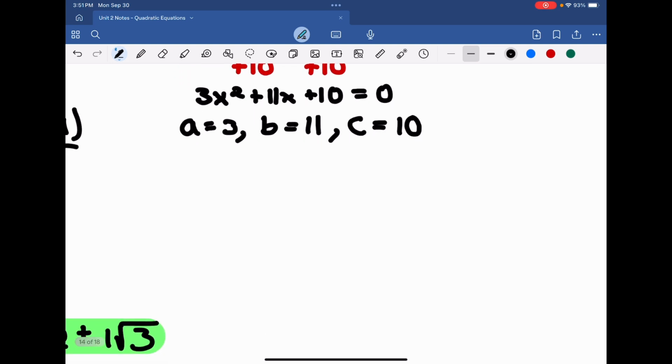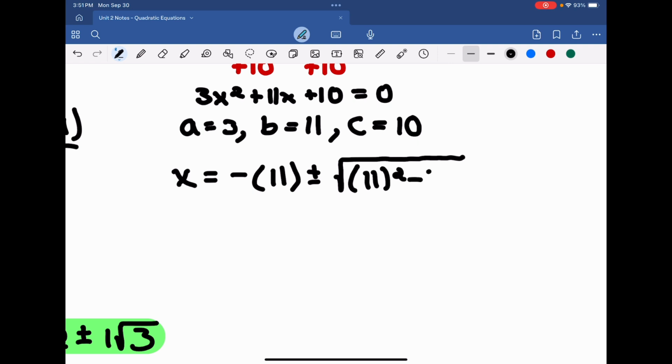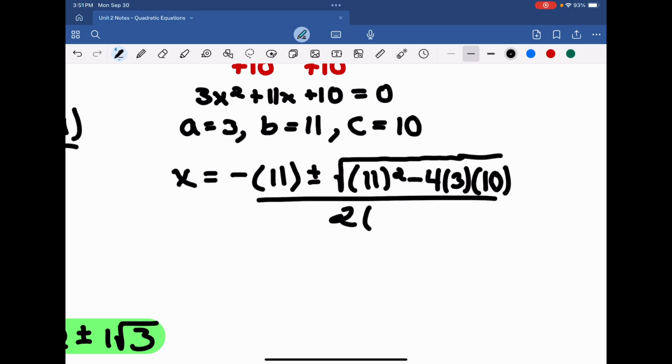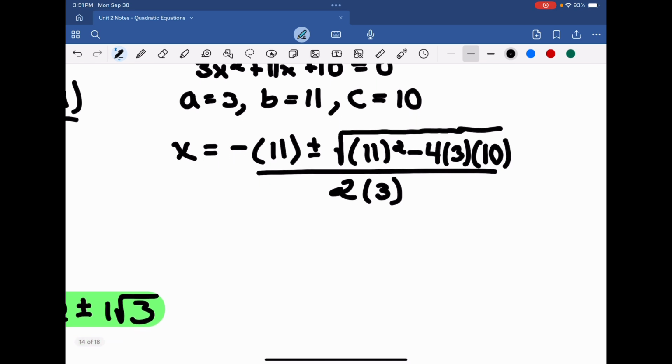Now, once we identify them, we go into our equation. X is equal to negative, which is already there in the equation, b, which goes in brackets, plus or minus the square root of 11 squared, which is the b value, minus 4, a, which is 3, c, which is 10, all divided by 2 times a, which is 2 times 3.